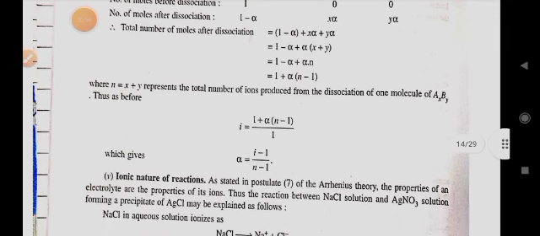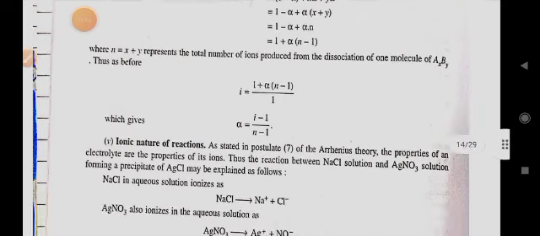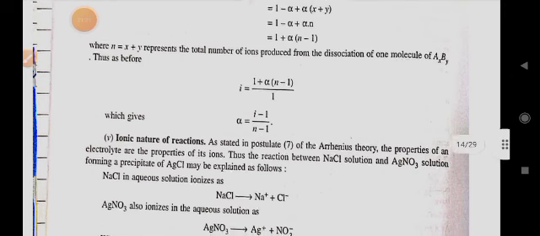Then the total number of moles after dissociation is equal to 1 minus alpha plus x alpha plus y alpha, which is 1 minus alpha plus alpha (x plus y), which is equal to 1 plus alpha (n minus 1), where n is equal to x plus y and represents the total number of ions produced from the dissociation of one molecule of AxBy.